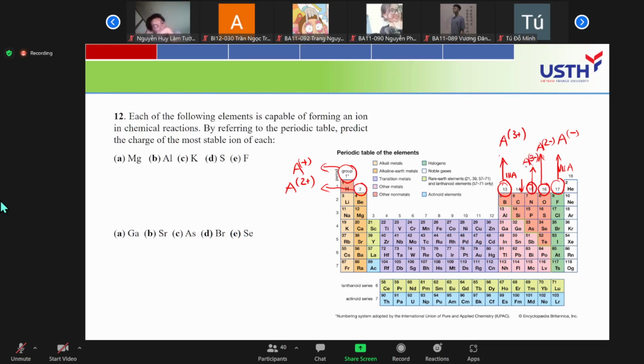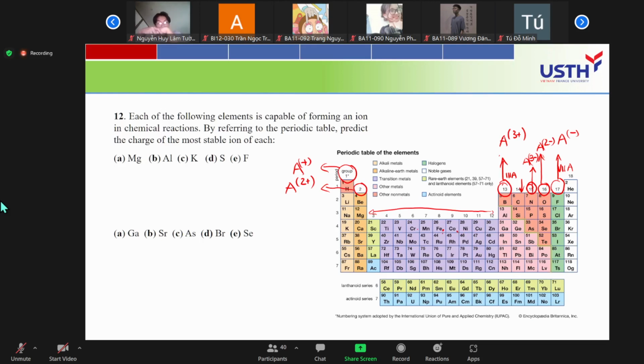Okay, so now let's take a look at this side, the transition metals. Normally transition metals have a lot of ions. For example, iron, you will have iron 2+ and iron 3+. For cobalt, you will have cobalt 2 and cobalt 3.